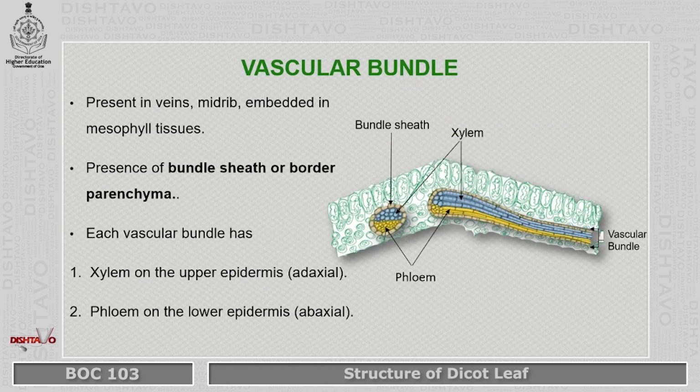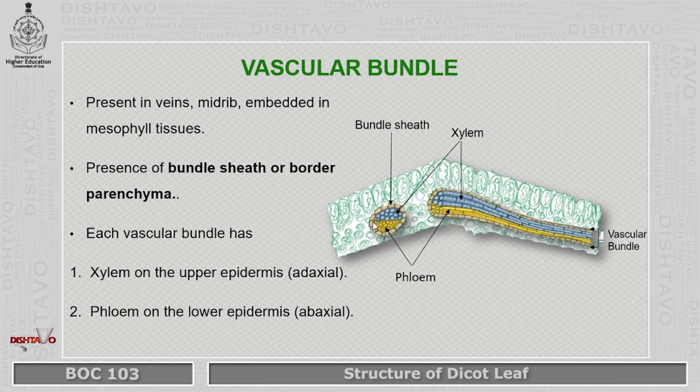Moving on to the next layer of the dicot leaf, that is the vascular bundle. Vascular bundles are also called conductive tissue. These tissues make the survival of the plant possible. They are present in the midrib, in the veins, and these are further embedded in the mesophyll region.